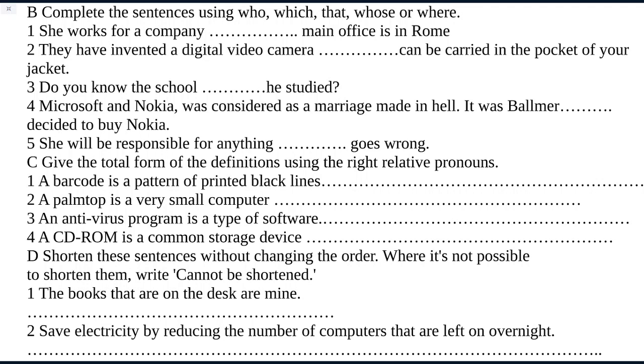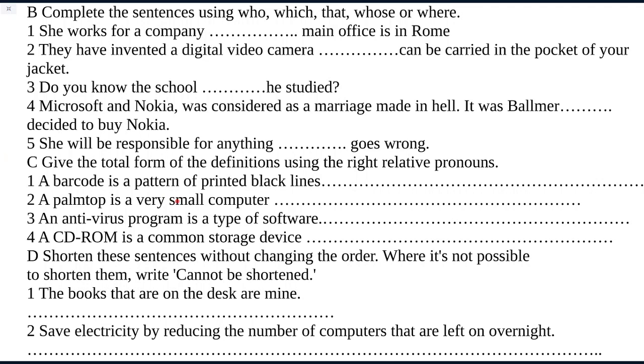So the first one says a barcode is a pattern of printed black lines that are applied, or attached, assigned maybe, to a specific product so that it's easier for us to identify them quickly. I think that would be the easiest way to say it. However, a palm top, what is it?